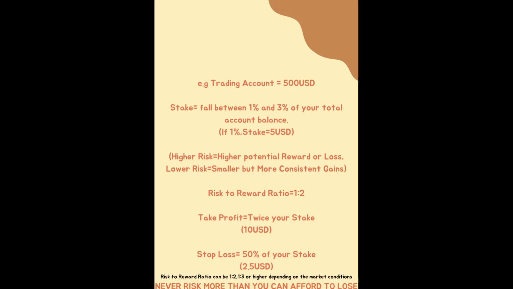You can use a risk-reward ratio of 1 to 2, meaning that your take profit will be twice your stake. In this case, if your stake was $5, then the take profit will be $10. The stop loss should be 50% of your stake. In this case, if the stake was $5, then the stop loss will be $2.5.